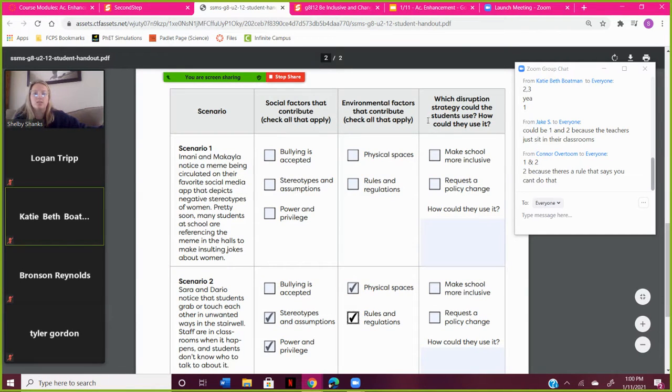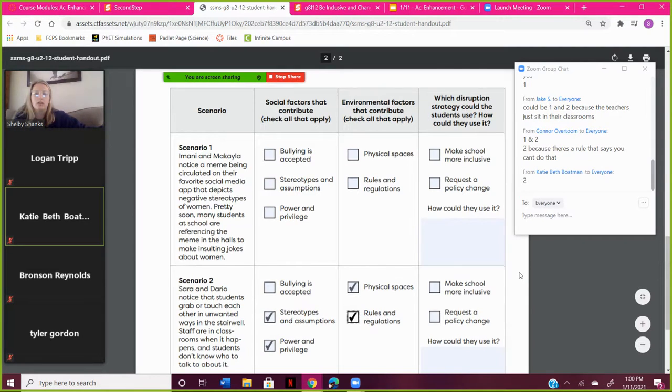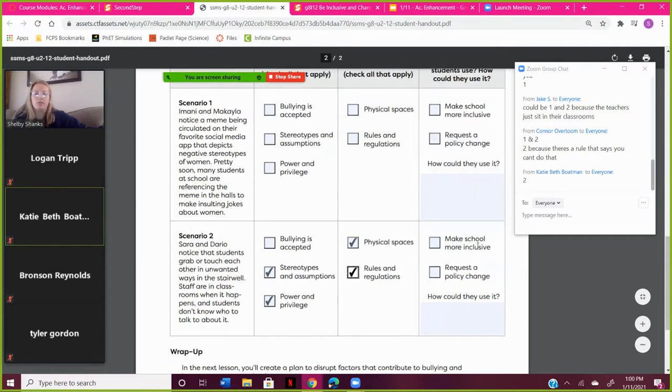All right, so last question for this activity, and then we're going to move on to the wrap up. It says, which disruption strategy could the students use and how could they use it? Either make school more inclusive or request a policy change. With this scenario, we don't really need to make school more inclusive.